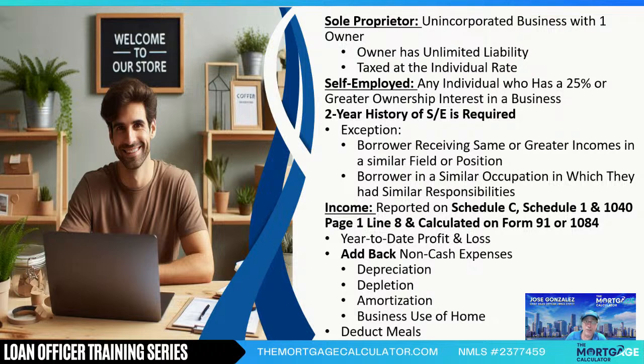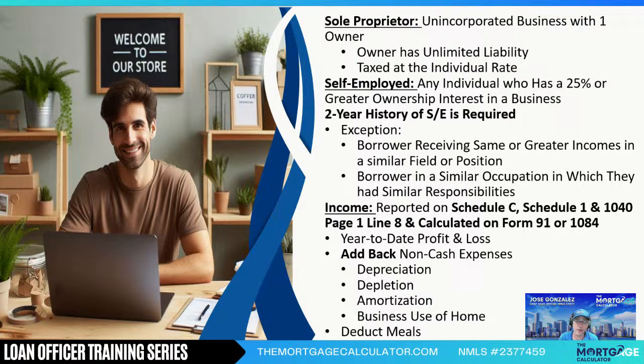the exception would be if a borrower is receiving the same or greater income in a similar field or position, or if the borrower is in a similar occupation in which they had similar responsibilities. So the similar occupation would be, for example, they were an electrician and now they're a self employed electrician.